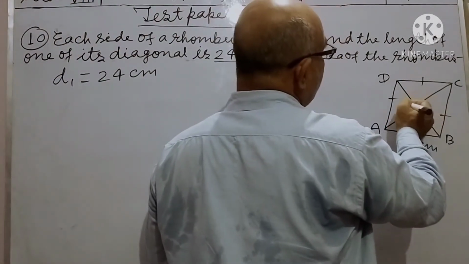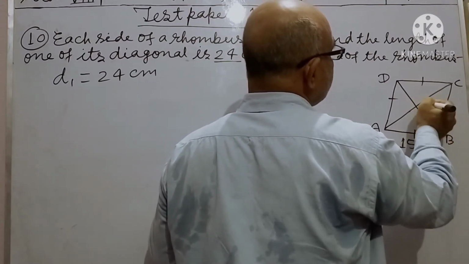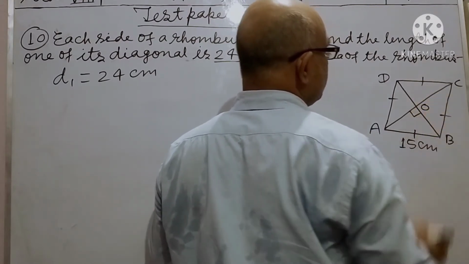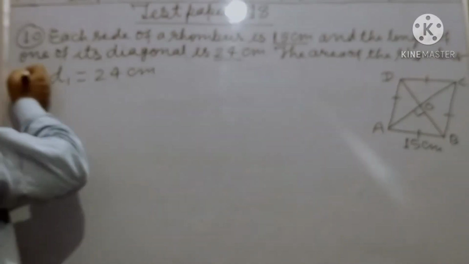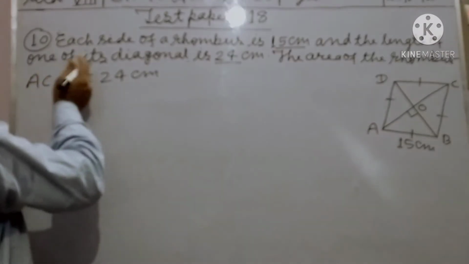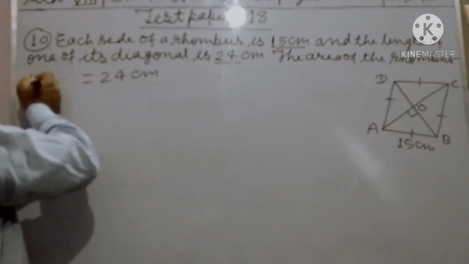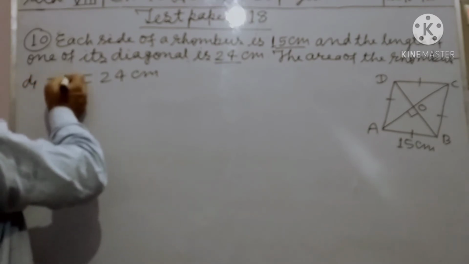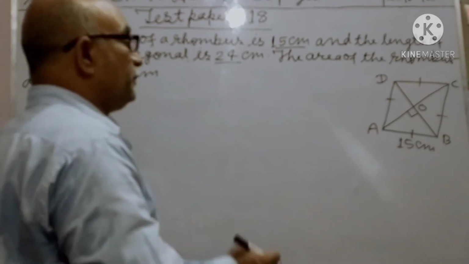Diagonals bisect each other at right angle. So diagonal D1 equal to AC equal to 24 cm.